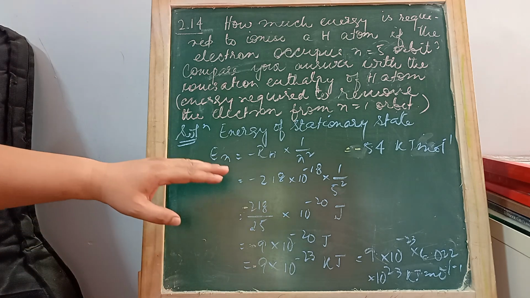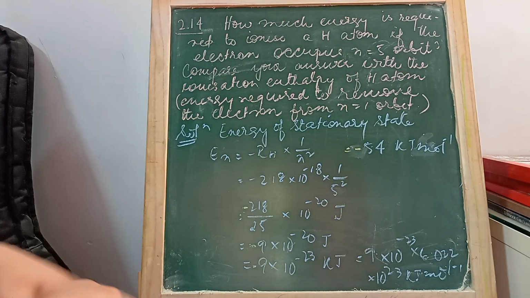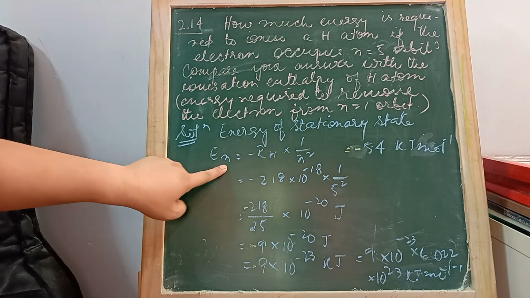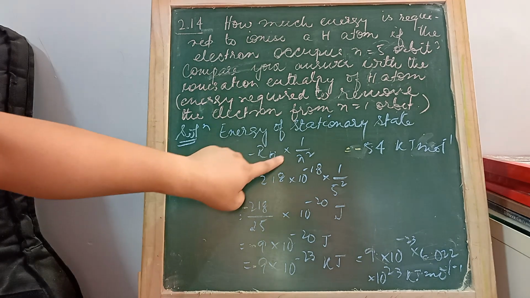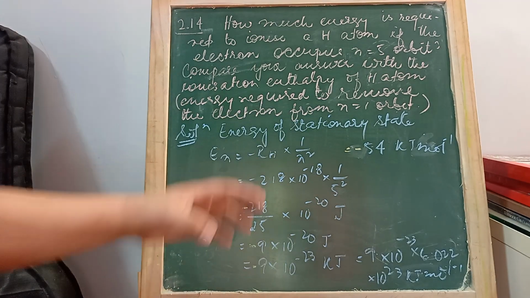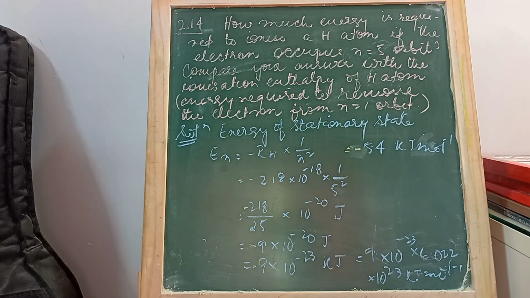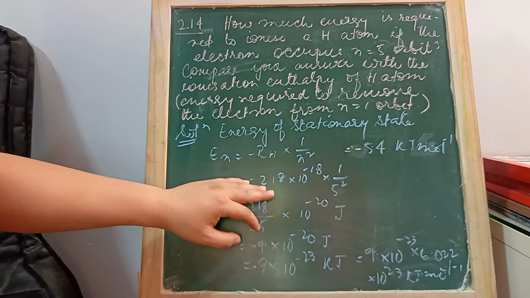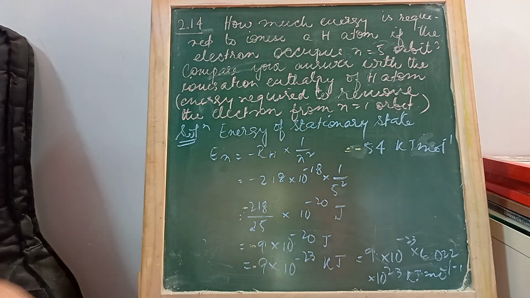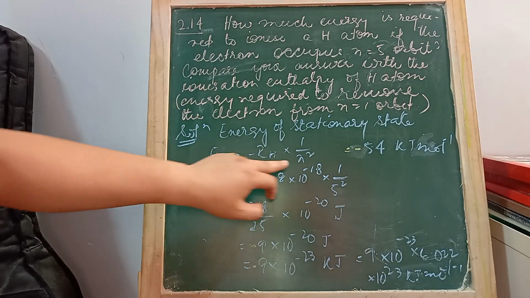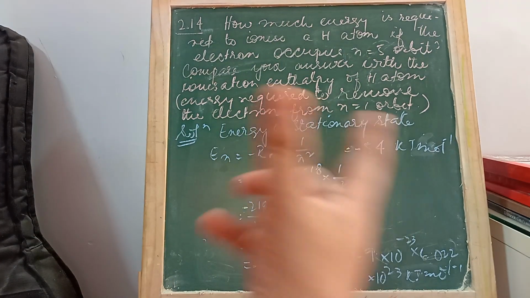The energy in the nth orbit, En, is given by minus RH multiplied by 1 by n squared, where RH is a constant having the value 2.18 into 10 to the power minus 18 joules. Its unit is the same as joule, because n is simply a number, the principal quantum number.